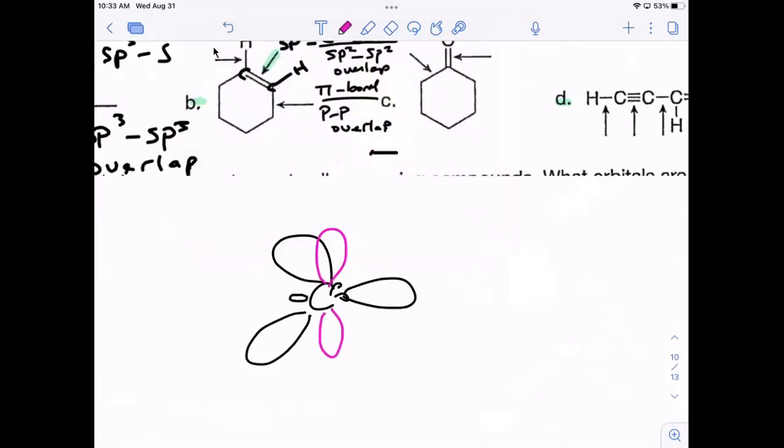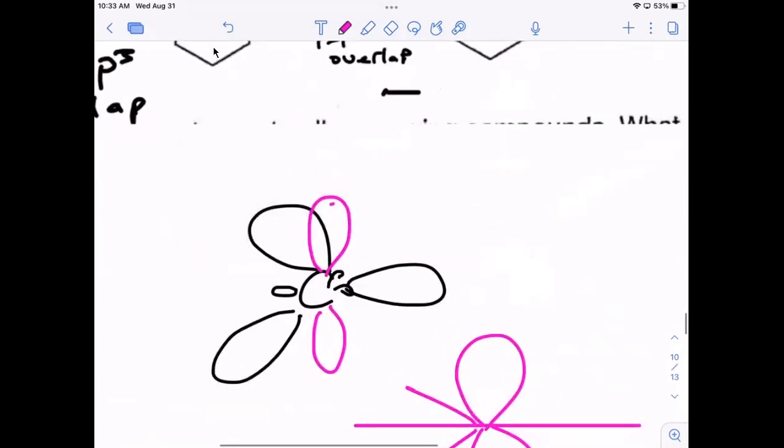So it's kind of like if this was a straight line, the p orbital would be here, and then the other orbitals would be coming out here, here, here, like that. So it's planar. So the p orbital, I'm going to go ahead and shade it. The p orbital is above the plane and below the plane.